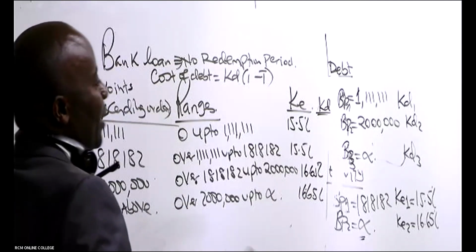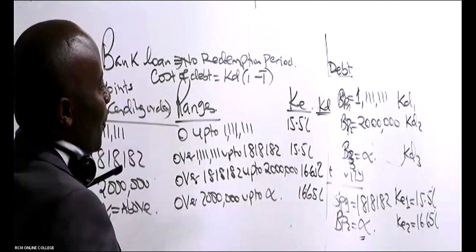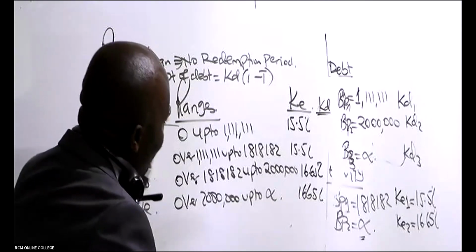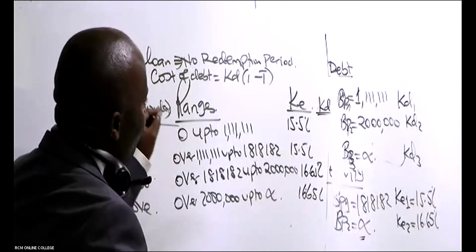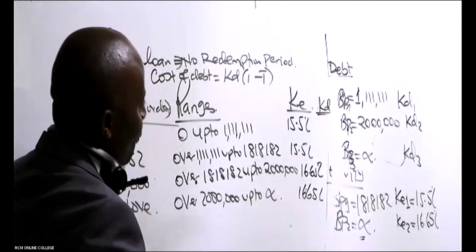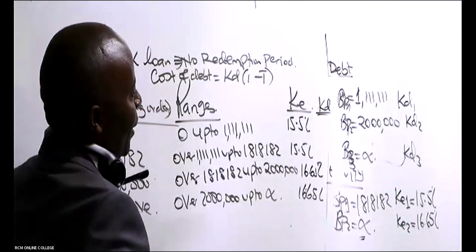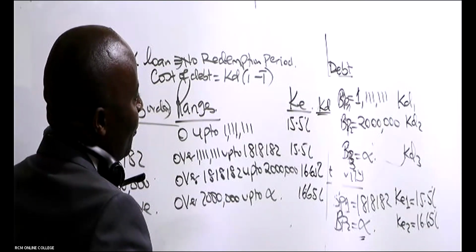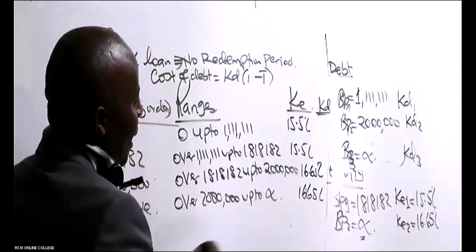Tax. So anytime you hear about cost of debt and there is no redemption period, this is what we shall be doing to get cost of debt. You take the KD given, and then you subtract tax.